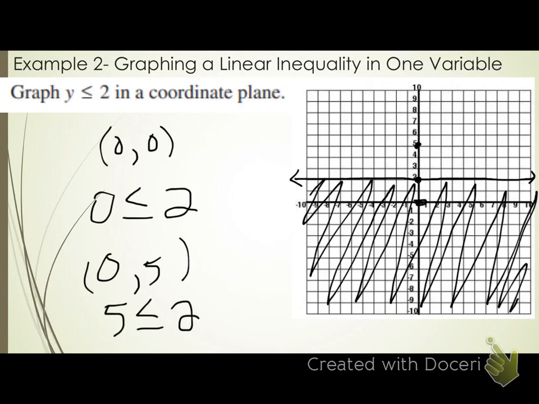When I plug in 5, does that give me a true or false statement? False. So if I were to use that as my test point, I would know that I need to shade the opposite side of the boundary line, because that's not a solution. So only use the y coordinate for the test point if it's y is less than or greater than a number. If there was an x and y in there, I'd have to plug both values in.